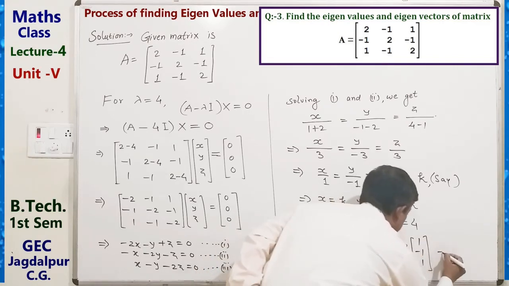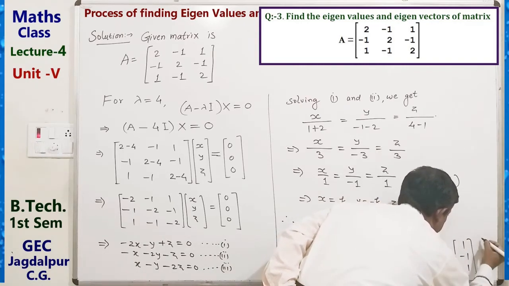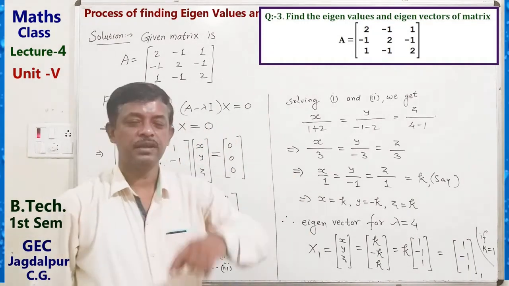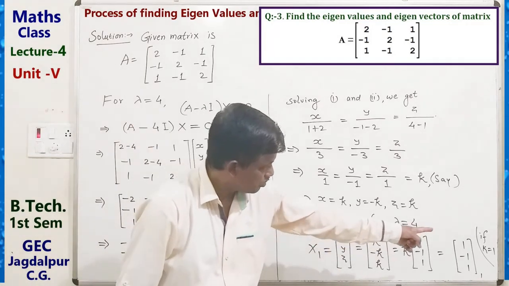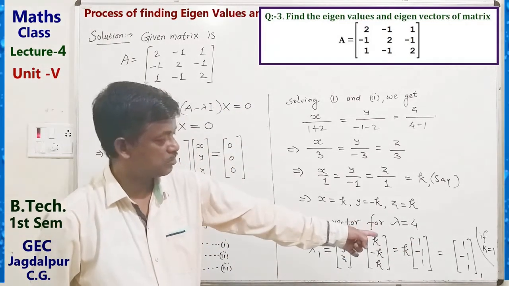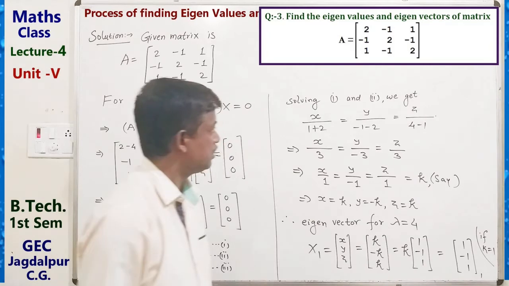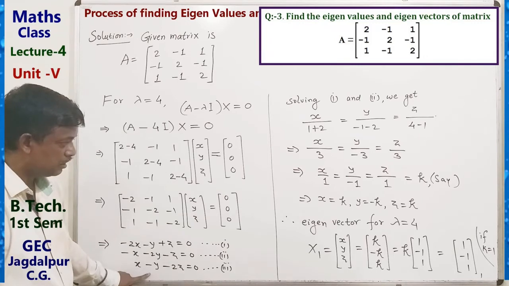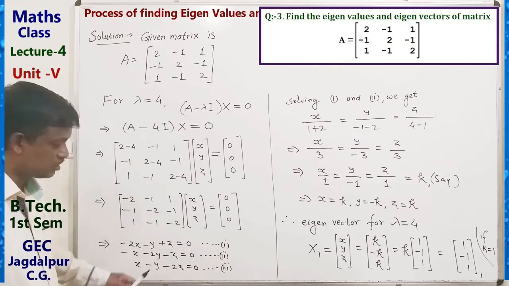Equals to 1, minus 1, 1 if k equals to 1, because there are infinitely many eigenvectors if k equals 1, 2, 3, 4, 5, 6, 7. So here just take k equal to 1, then eigenvector x1 equals to 1, minus 1, 1. This is the eigenvector corresponding to 4. And this will also satisfy here: 1 plus 2 minus 2 is 0. So the third equation is also satisfied.